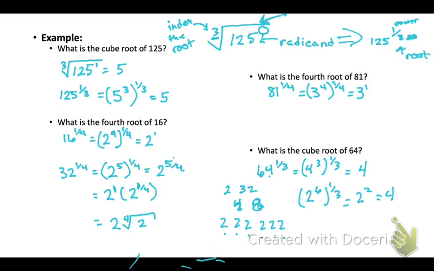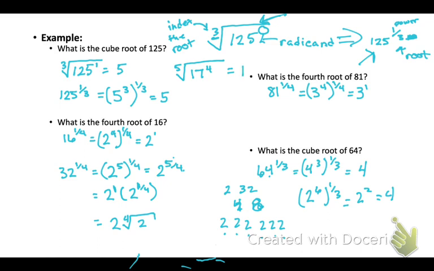Okay, so what's that mean? All of these were nice and even, yes? But what if I have, like, the 5th root of 17 to the 4th? So let's write it as an exponent. What's my base? My base is my radicand, right?